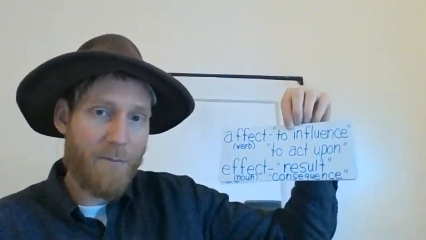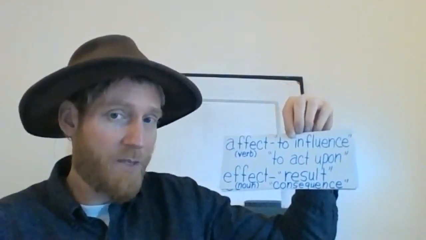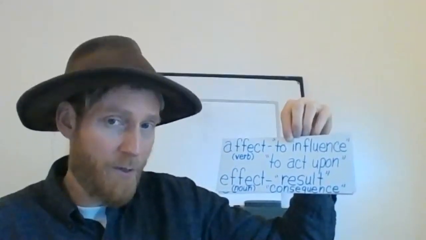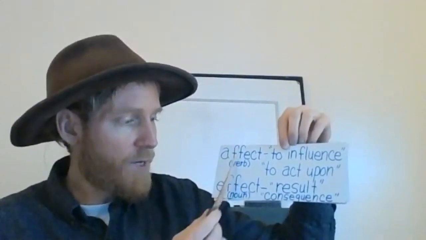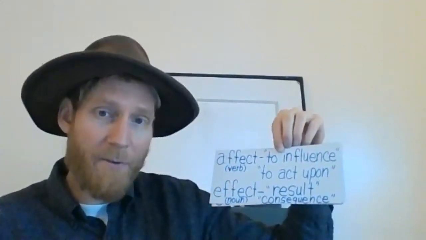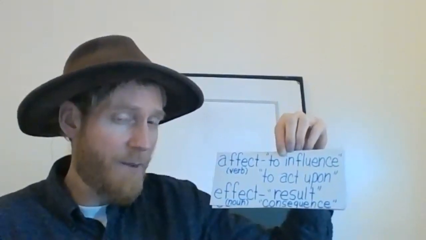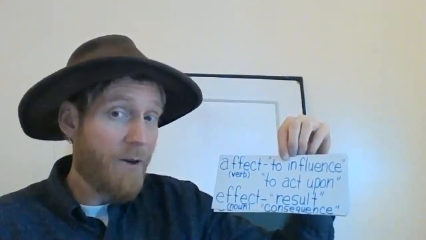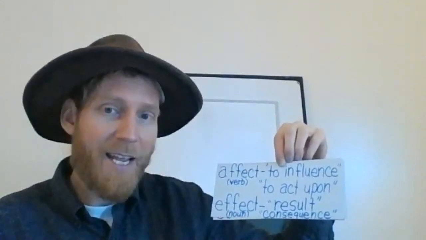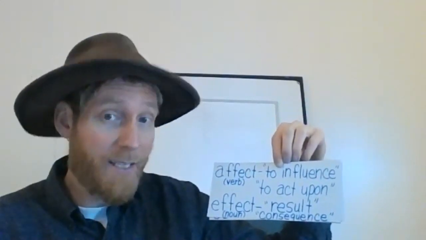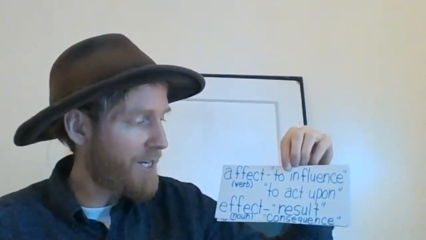This is troublesome too to people, misusing them and writing the incorrect word in a sentence. Which one is it? If it's used as a verb, that's the easiest way to think about it, write affect with an A. If it's used as a noun, write effect with an E, and then you'll get it right.